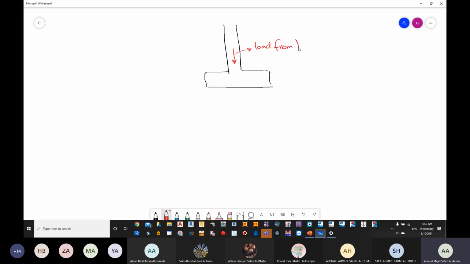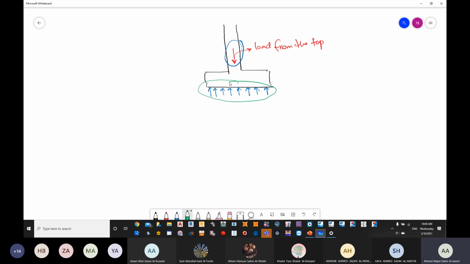Okay, so loads from the top, and then we have the soil capacity. Now, what will happen? We have a concentration of the loading from the top, and a concentration of loading from the bottom.